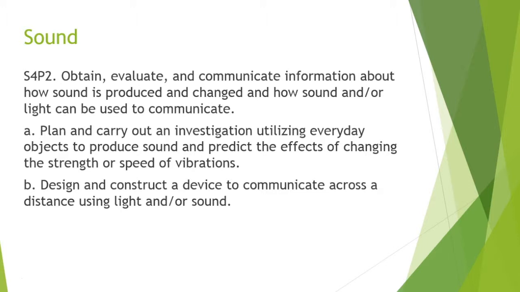Whereas the height of the vibration, how high up and down it's going, is going to determine how loud or soft something is. So if something is vibrating very slowly but very high up and very high down, then it's going to be a loud, low note.